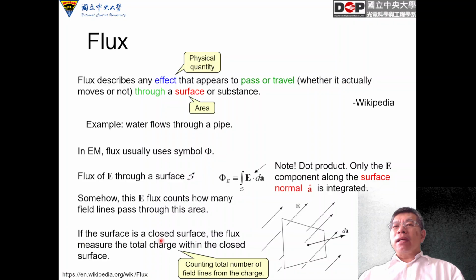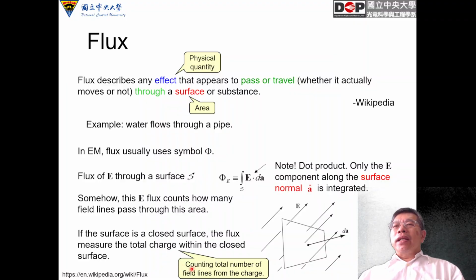Somehow this electric flux counts how many field lines pass through this area. If the surface is a closed surface, the flux measures the total charge within the closed surface. This is actually the fundamental statement of Gauss's law, or the Gauss idea, of how the flux is imagined in this kind of electric field of a certain volume.